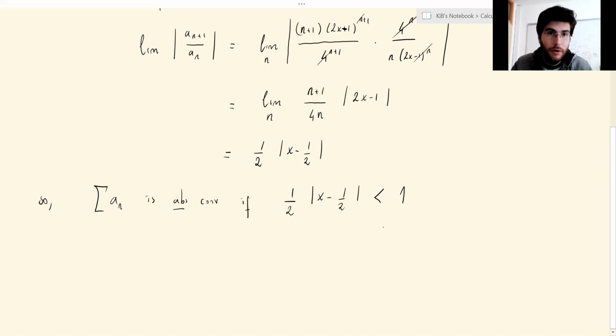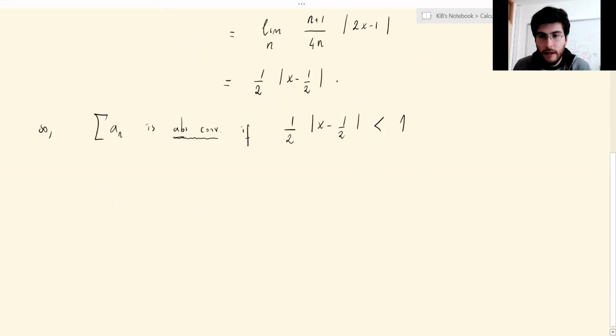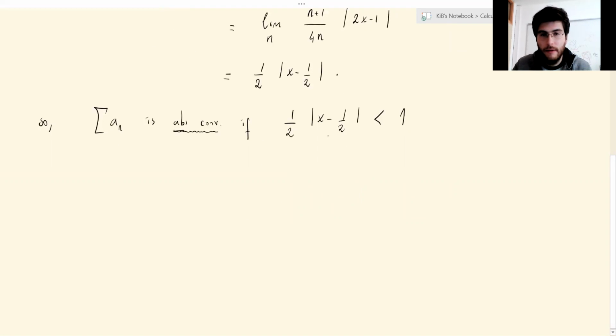If after the limit of this quotient we end up with a term like this, and it is less than 1, then we know that the given series is absolutely convergent.